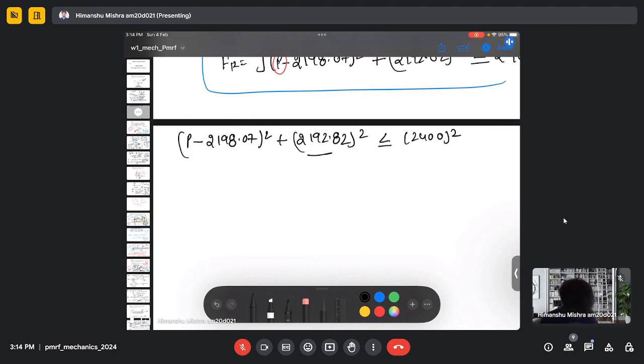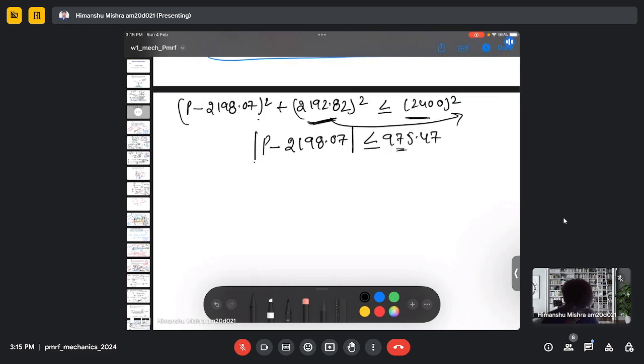I can bring this part to the right-hand side and remove the square, so I get the quantity in mod: the modulus of P minus 2198.07 is less than 975.47.